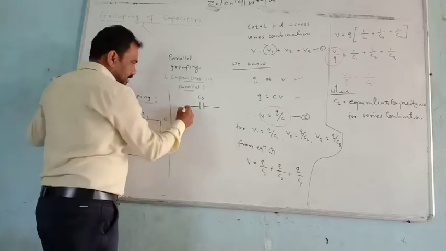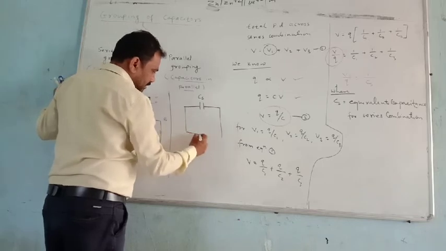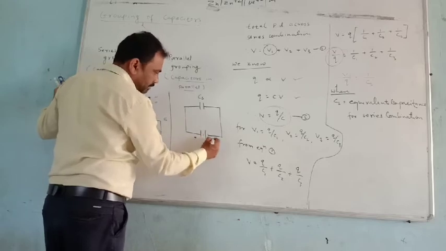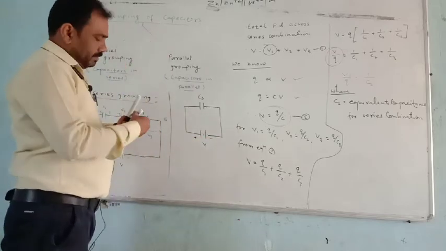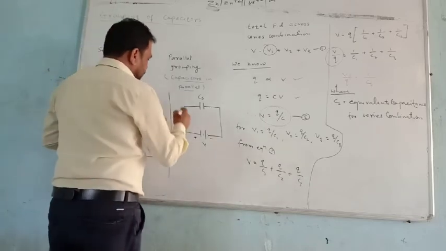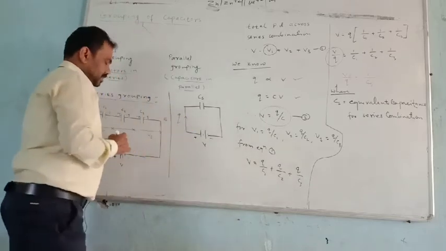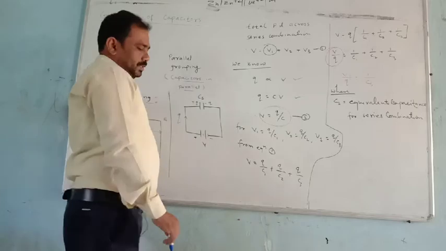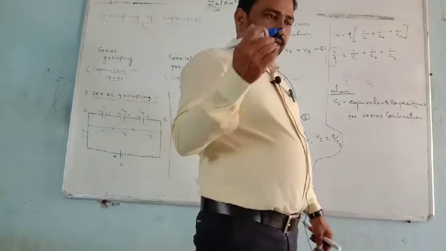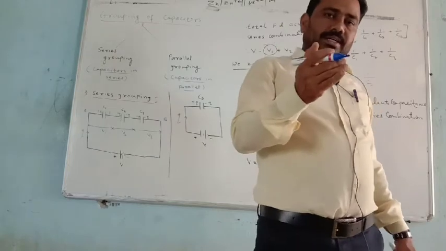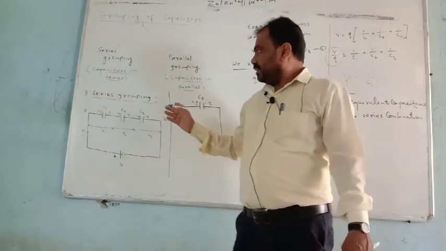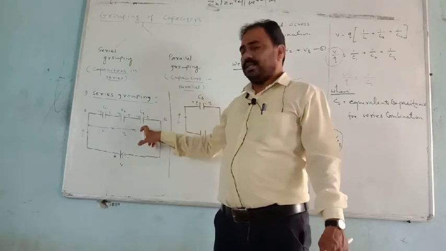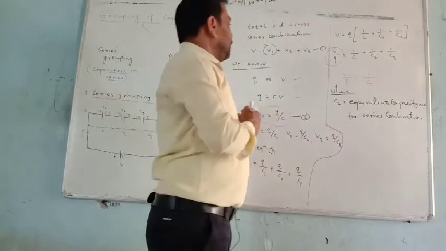So CS is connected across a battery V having two terminals, positive and negative, and we consider one charge, Q, so this one may be plus Q, minus Q. This equivalent capacitor has the same effect as the addition of the first, second and third capacitances.